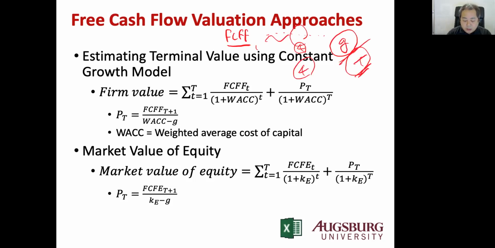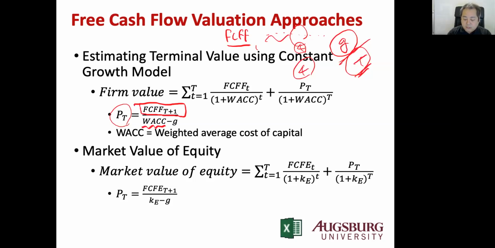If they have a constant growth rate, then they can calculate the price as of t. So firm value as of t equals the free cash flow for the firm at t plus 1, so if t equals 4, then the next year's, fifth year's, free cash flow, divided by the weighted average cost of capital minus the growth rate. That will be the terminal value.